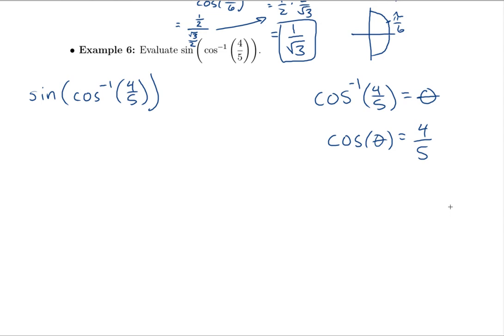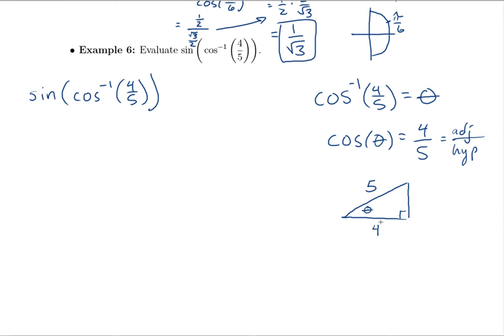So let's remember the other way to think about trig functions is to think about them on triangles. Here I'm going to sketch a right triangle, where this is my theta. Now remember that a cosine is adjacent over hypotenuse. So as I draw this triangle, 4 can be the adjacent side, 5 can be the hypotenuse.